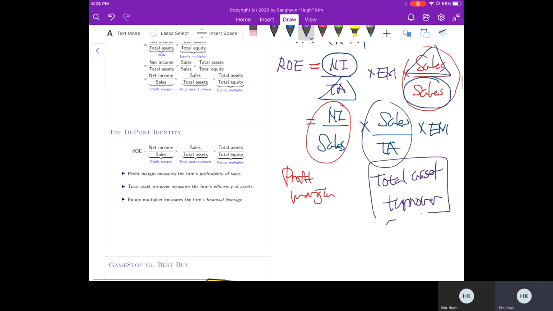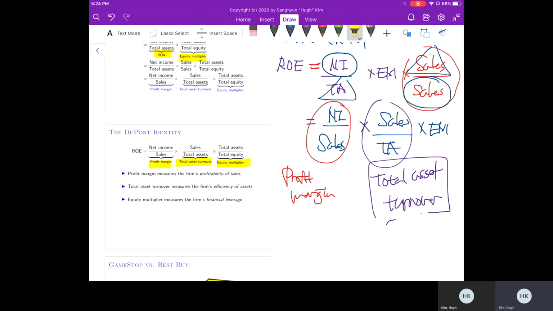To summarize, ROE is equal to ROA times equity multiplier, which is equal to profit margin times total asset turnover times equity multiplier. So profit margin measures a firm's profitability of sales. Total asset turnover measures a firm's efficiency of assets.